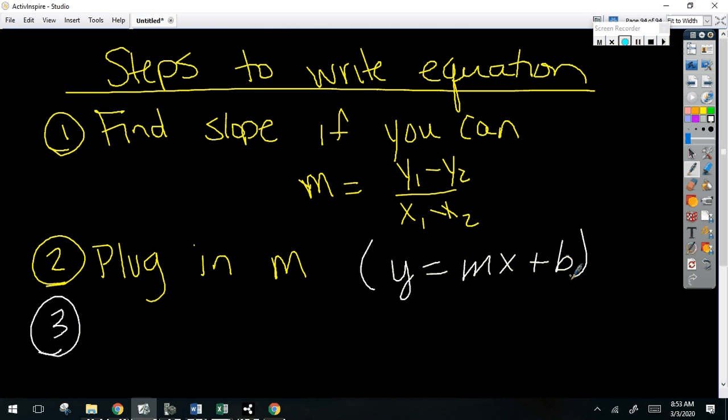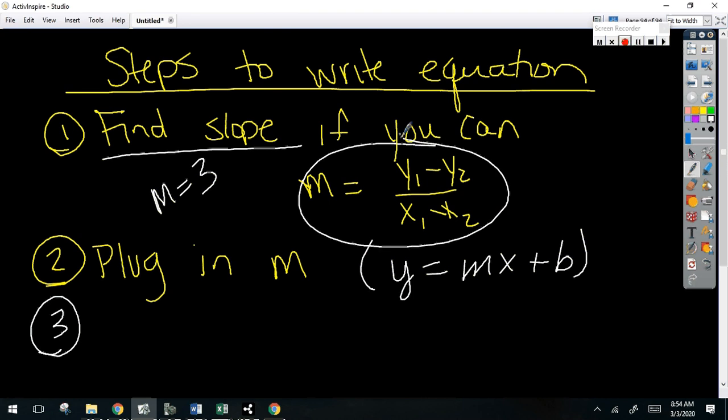It was given to us. So we just plugged it into the equation. Does that make sense? So the problem earlier said, write an equation in slope-intercept form that passes through 2, 1 with a slope of 3. I didn't have to, I already had the slope. It was 3. So then I plugged it in for m. If they don't give it to you, you might have to calculate it this way.